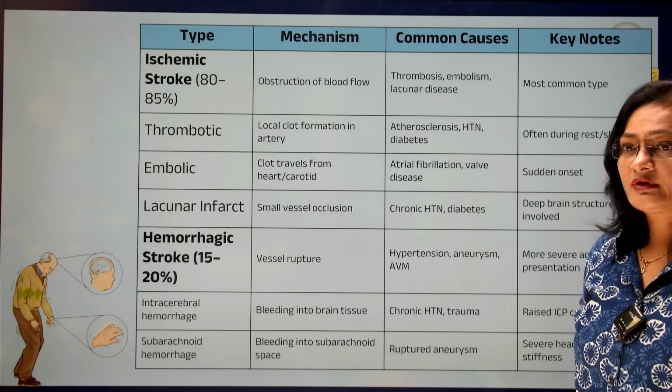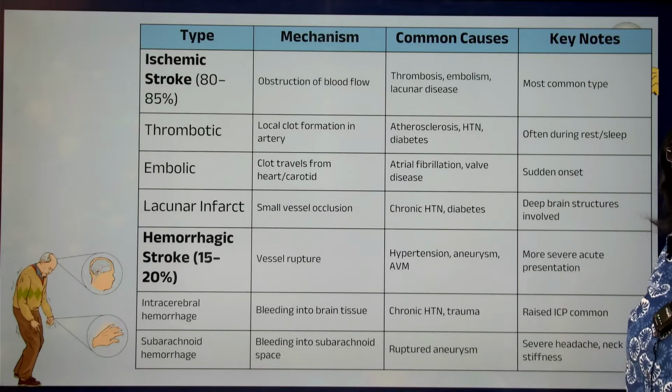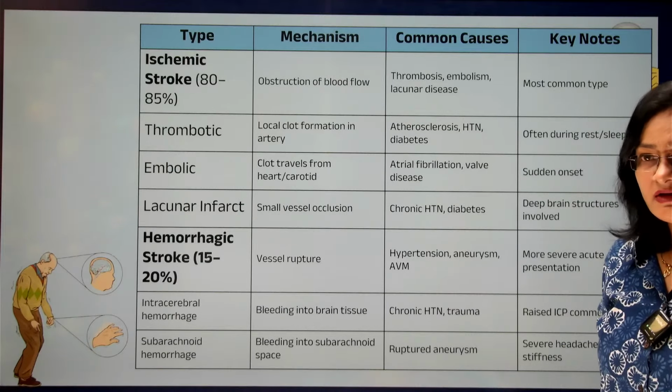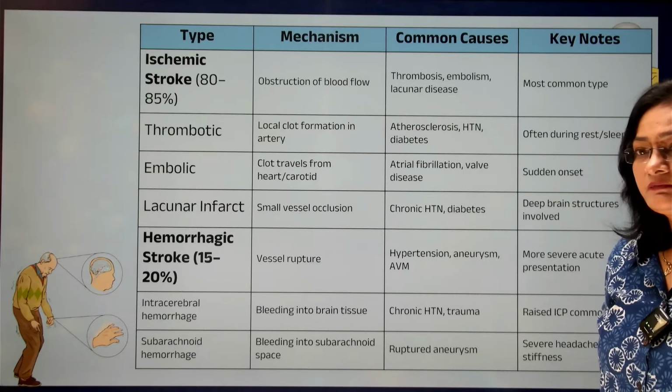Now, common causes of the hemorrhagic stroke, if we consider, it is chronic hypertension, it is trauma, it is ruptured aneurysm, and it will result in rapid onset with severe headache and increase in the intracranial pressure.